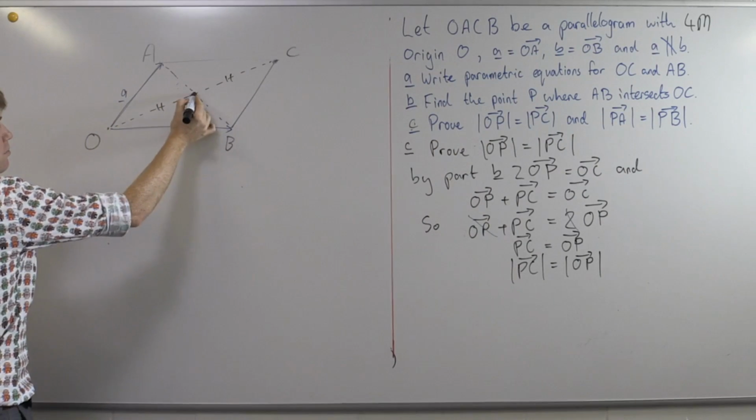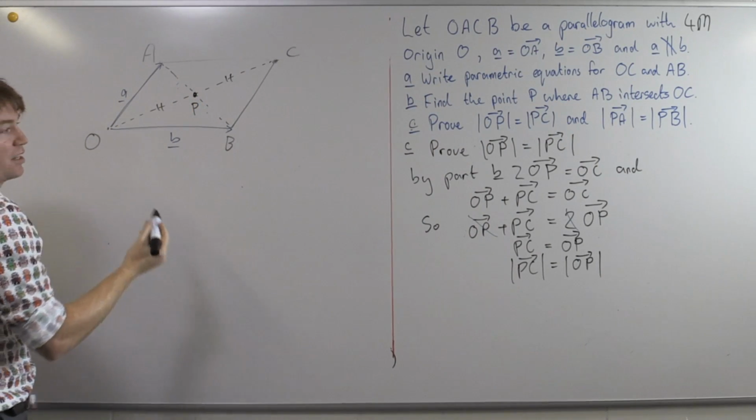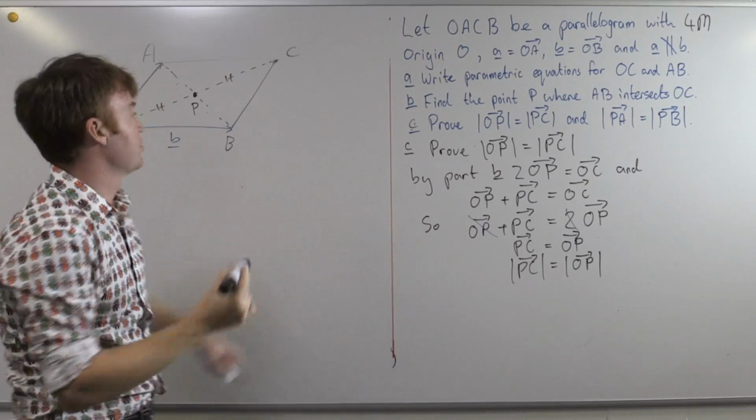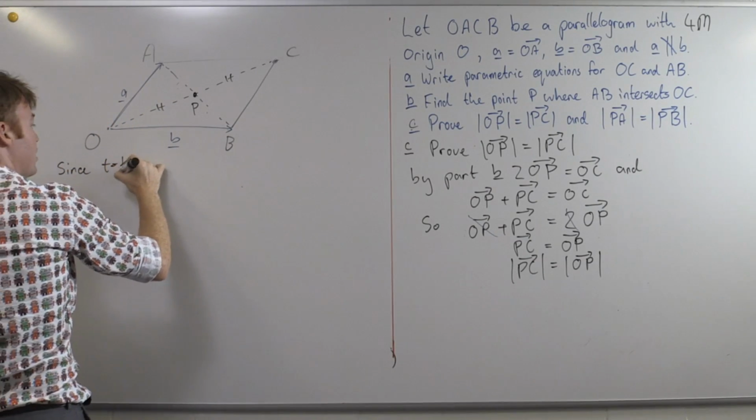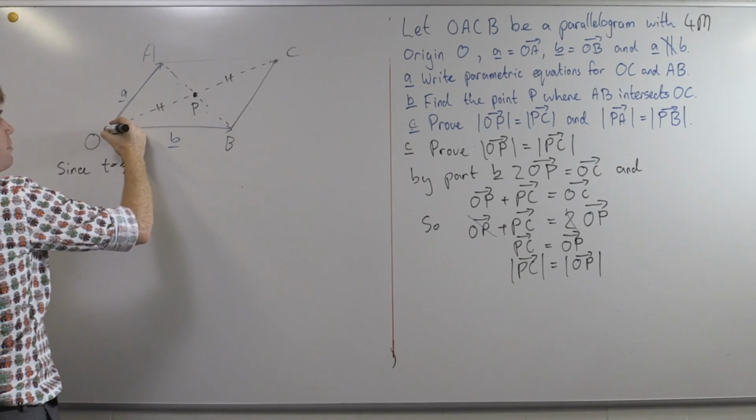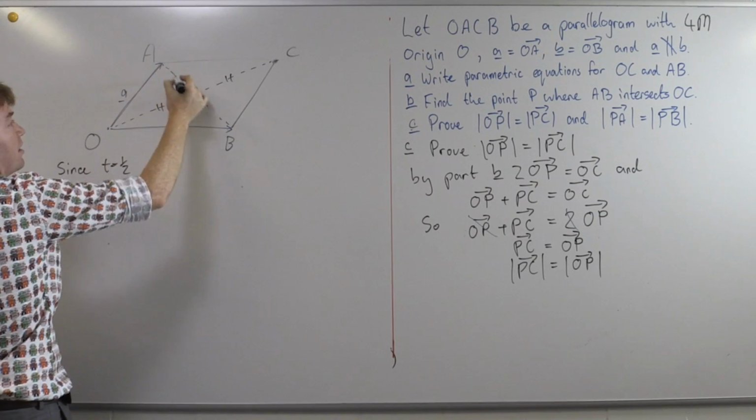So recall that t was equal to a half. In this case we use the fact that s was equal to a half, but now since t is equal to 1/2, I think that means I can get to P by going up here and then along here.